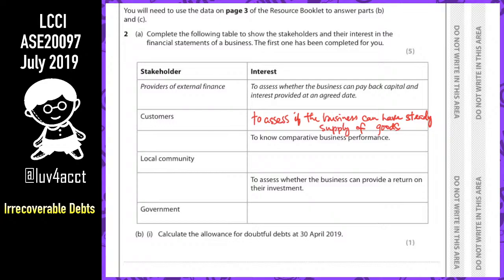Next one, to know comparative business performance. So this is, of course, your competitor. Next, local community. Your local community may want to know whether your company will positively or negatively affect the community, for example, whether the business would damage the local environment.